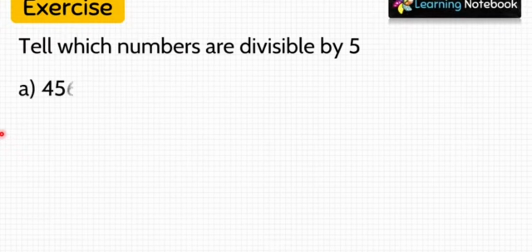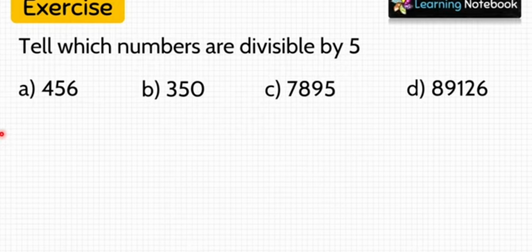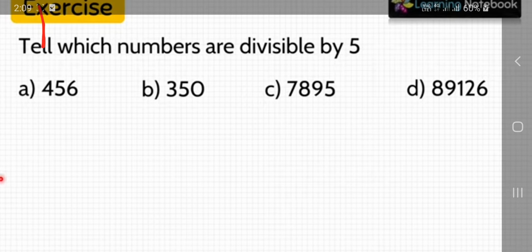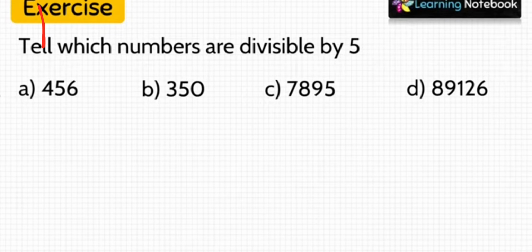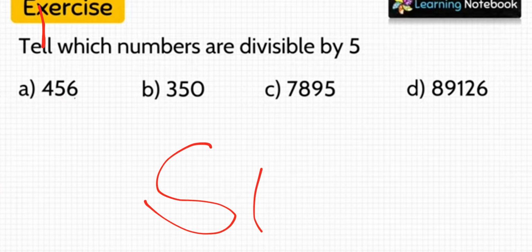Next question is, tell which numbers are divisible by 5. So, here we have to check if the last digit is 0 or 5. Then only that number will be divisible by 5. So, let's look at the first number, 456.